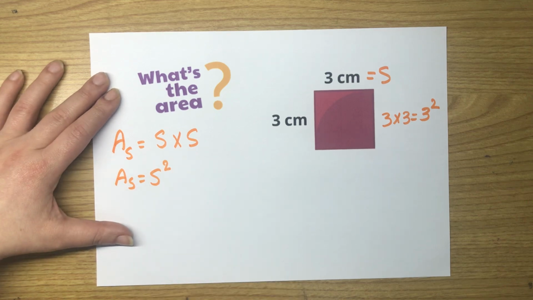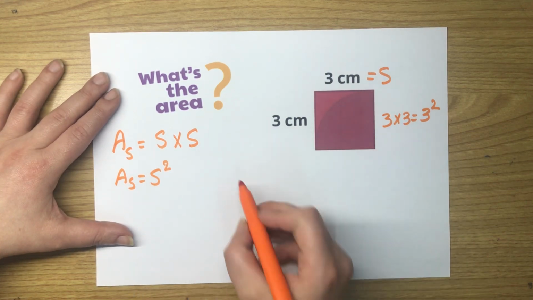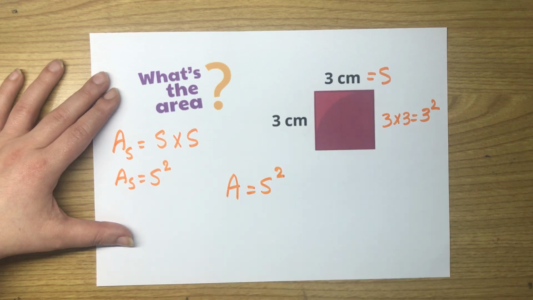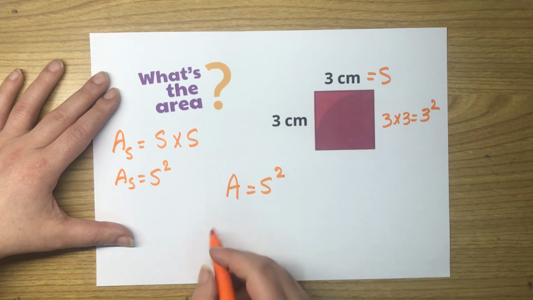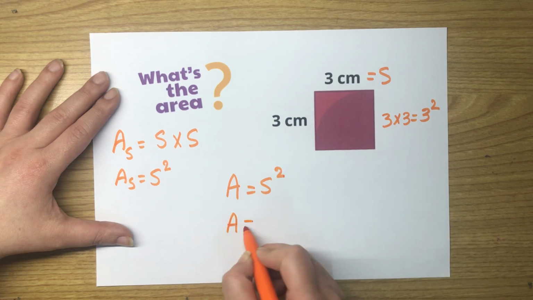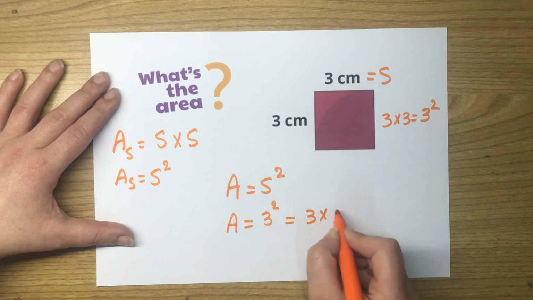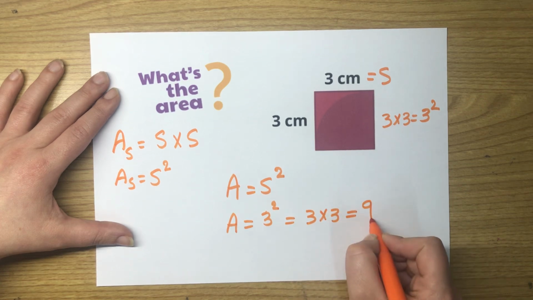Okay? So for this square, what is the area? The area equals S squared. For this square, then A equals 3 to the power of 2. That means 3 times itself, which equals 9.